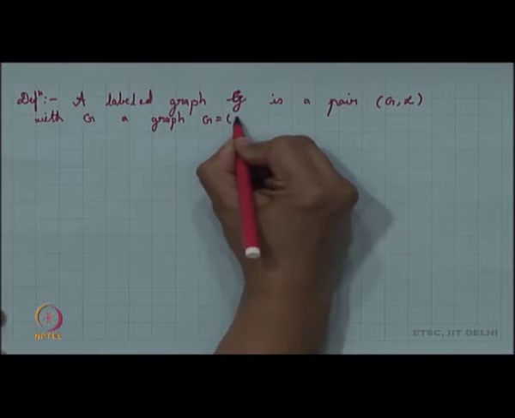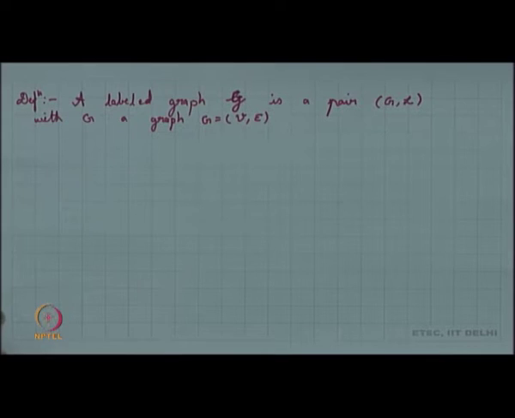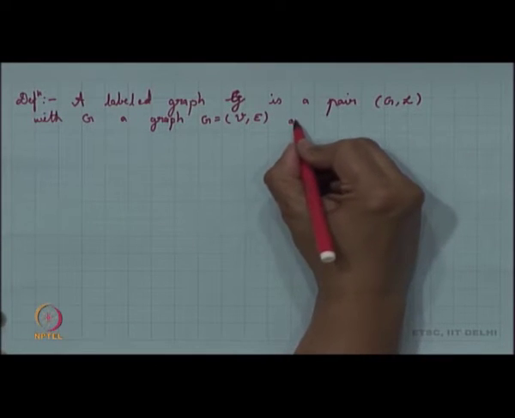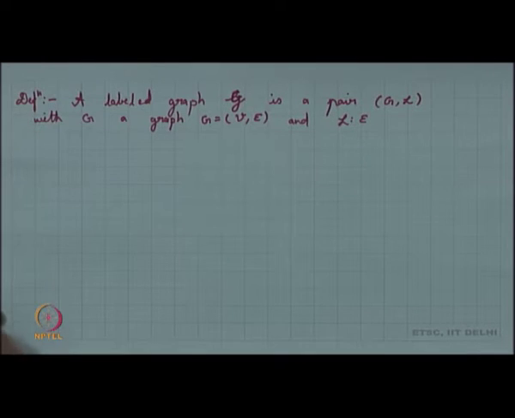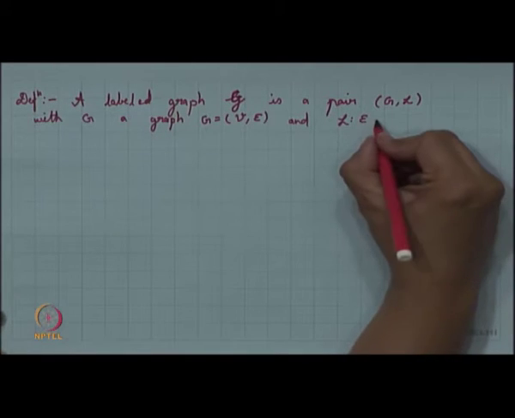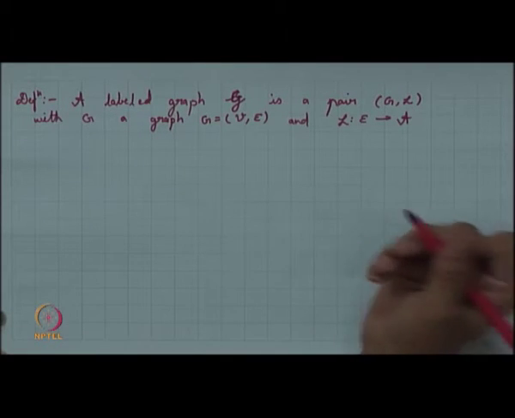So, G is my graph with V as a vertex set and E as an edge set, and my L happens to be a function from the edges E to the set A, which we call an alphabet set.